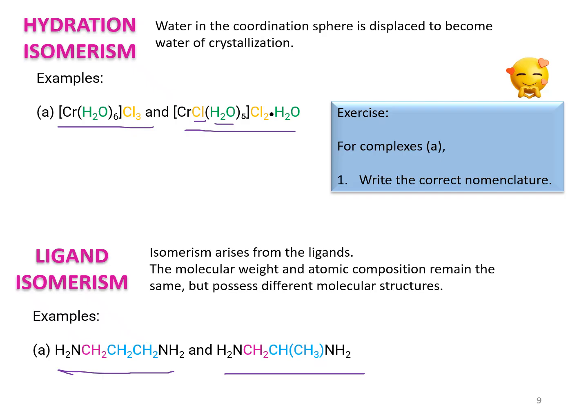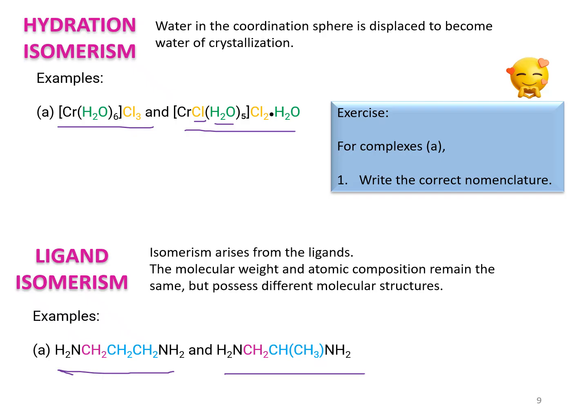The second compound here retains the same number of carbon and hydrogen and 2 amino groups. It's just that now it becomes a branch. The CH2 is not the main chain.